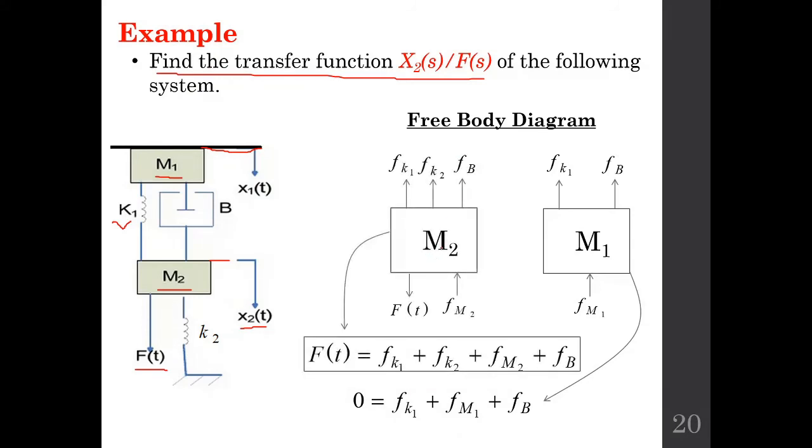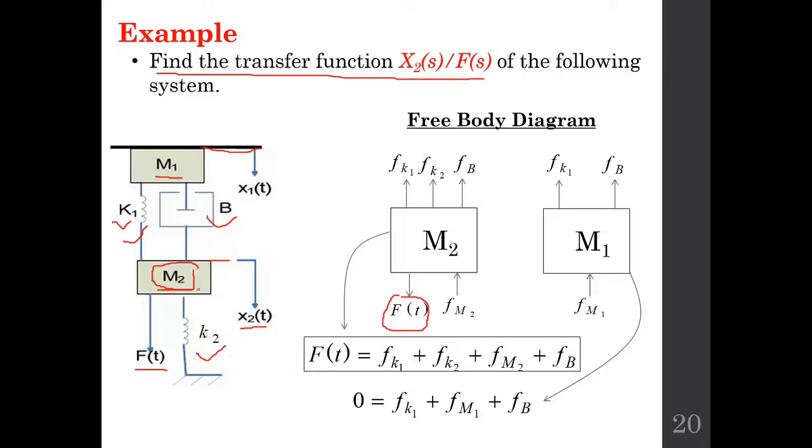Okay, so this is our body M2. Now, this is our applied force, which is in this direction, so all the opposing forces will be in the opposite direction. On this body M2, we have the opposing force due to this spring K1, then due to this dashpot, and due to this spring K2.